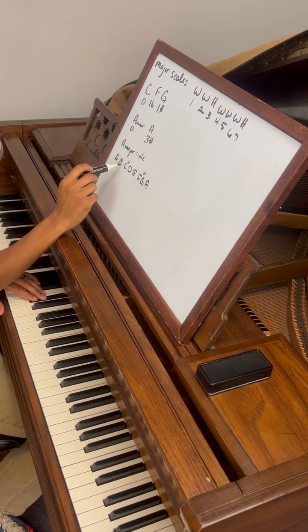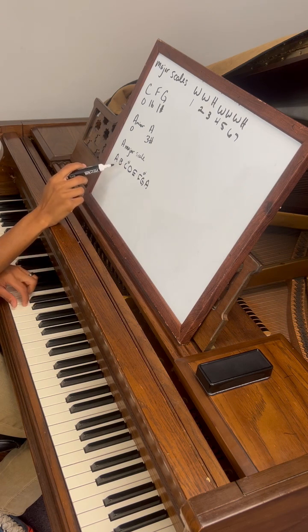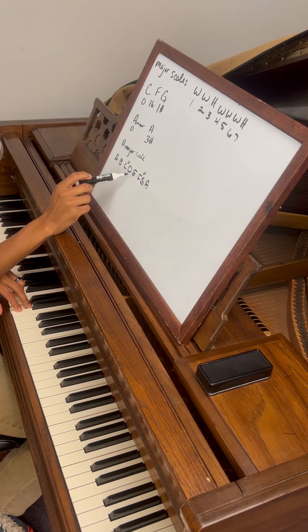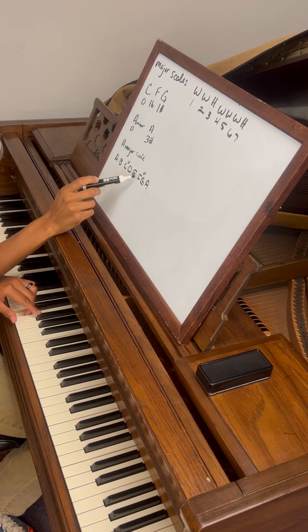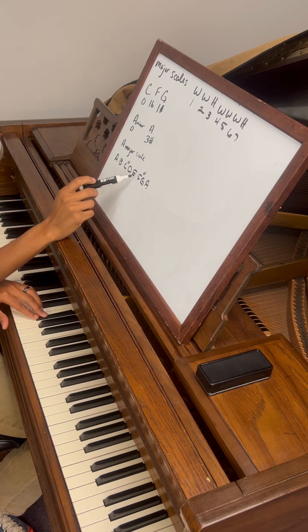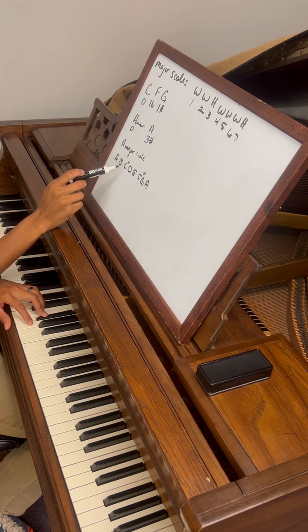A, full step to B, B, full step to C sharp. We need a half step, C sharp to D. D, I need a full step to E. E, I need a whole step to F sharp. F sharp, I need a whole step again, and I can't play a G because that's a half step.